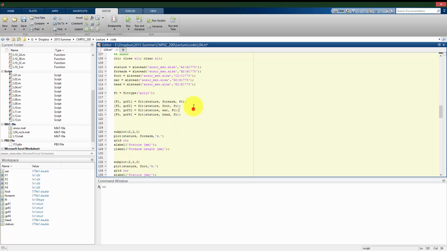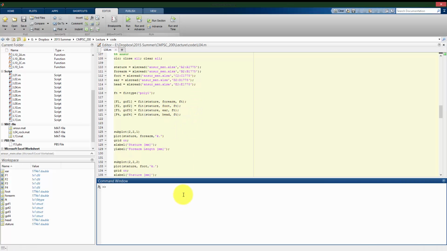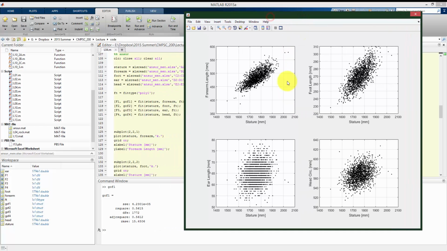Goodness of fit 1 was a measurement for stature versus forearm. So I'm going to look at GOF1. And I can see here, I'm only going to look at the r-squared value for this example. I see an r-squared value of 56%. And I'll bring back up my figure here. So this is for the top left, goodness of fit 56%, which for this amount of data and for body length data, is pretty good.